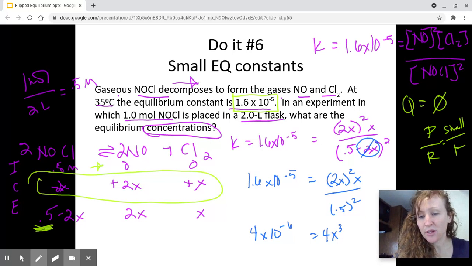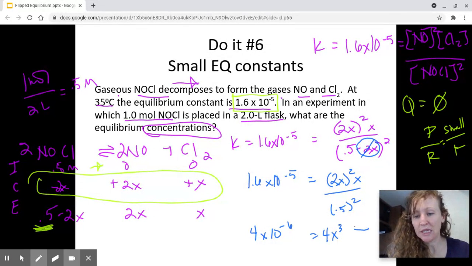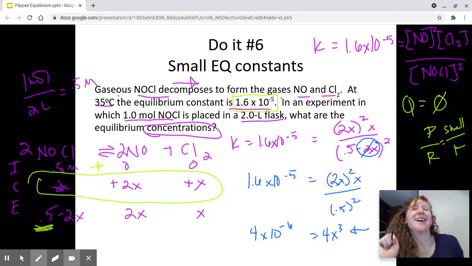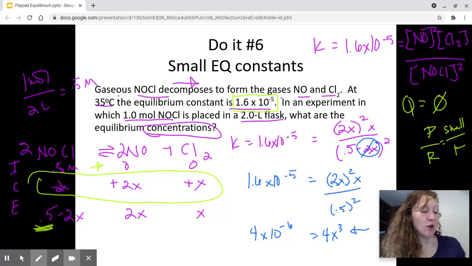Now, to get rid of the 4, I can just divide both sides by 4. But how do I get rid of the 3? Anybody remember? Algebra 2. You're going to raise it to the 1/3. So if you have a cube root on your calculator, you can always just take the cube root. But if you don't have a cube root, just raise it to the 1/3.